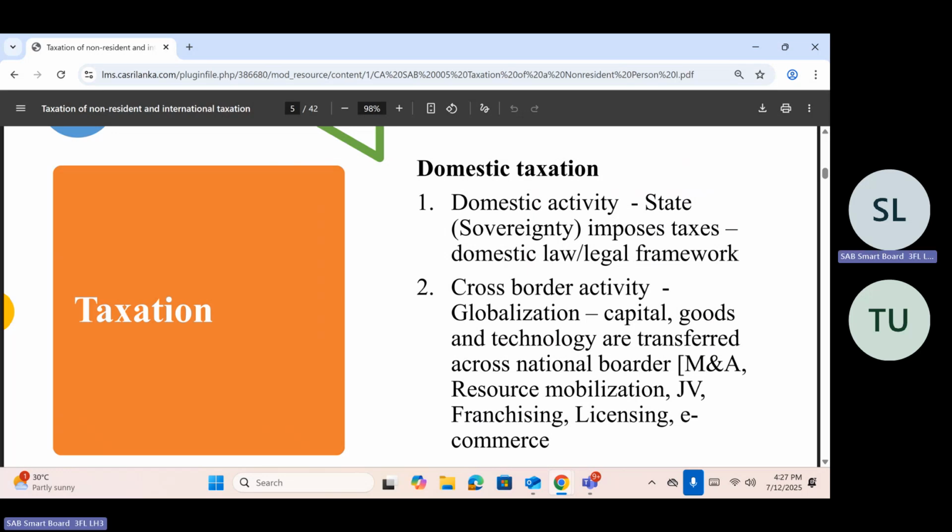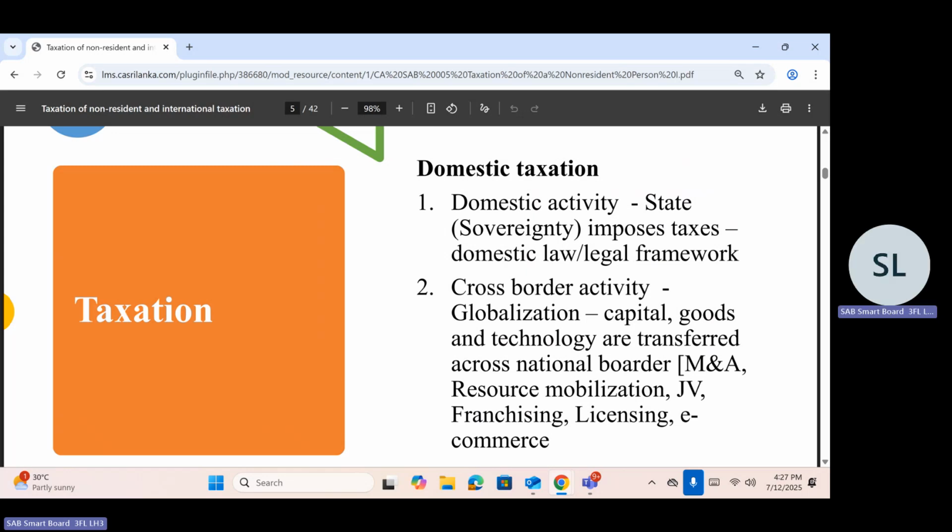So therefore, if there is a transaction between two countries, we call them two tax jurisdictions. Based on the country, that law is imposed. Say country A and country B, two countries.